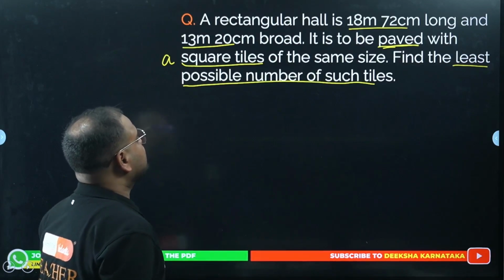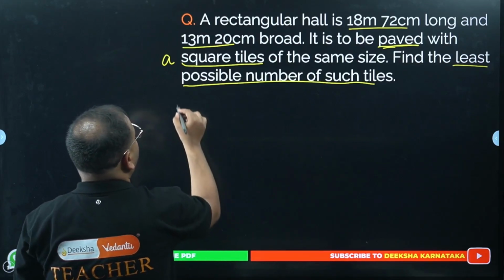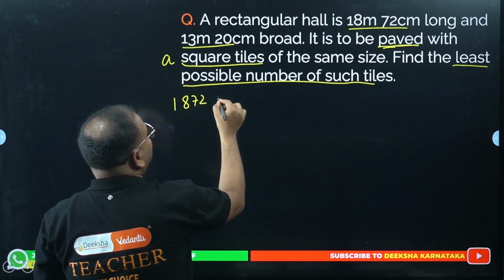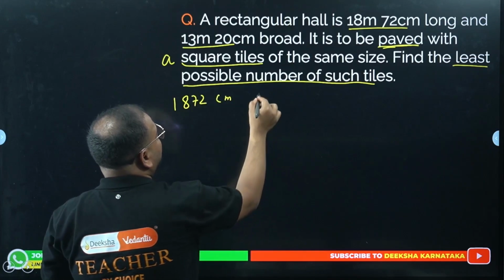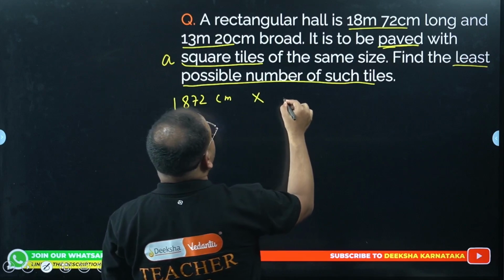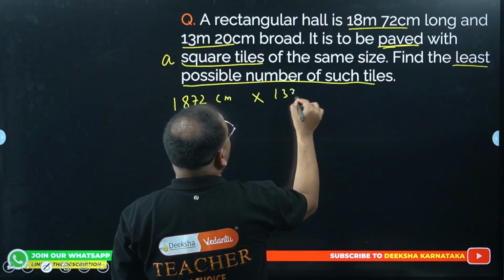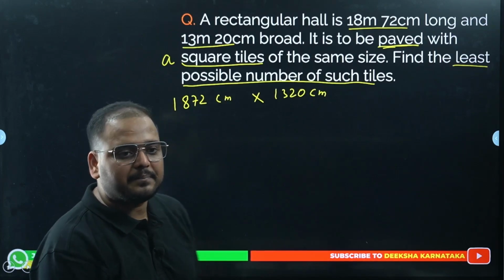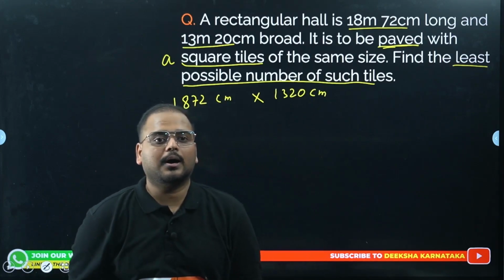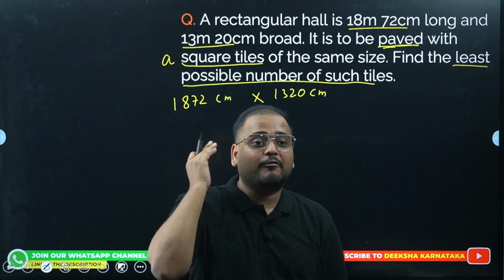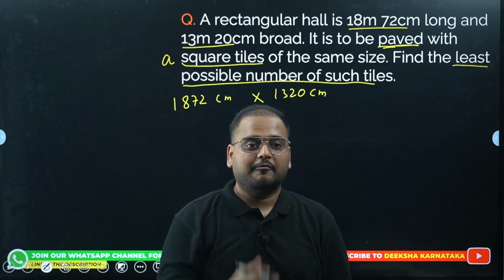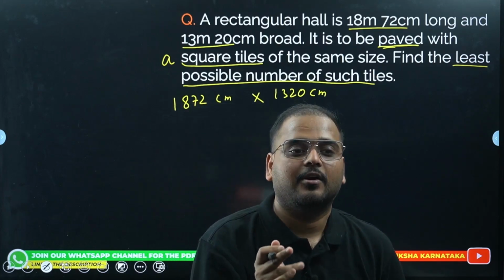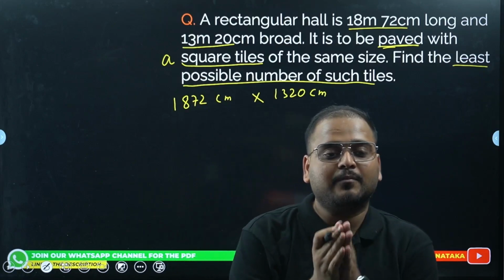Okay, let's take the dimensions first. 18 meter 72 centimeter, and the other dimension is 13 meter 20 centimeter. This might be a little calculative, so stay with me. First we have to find the number of tiles. How can you find the number of tiles?